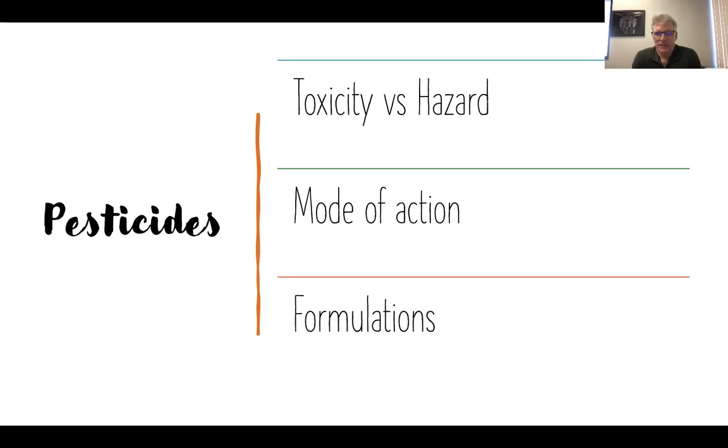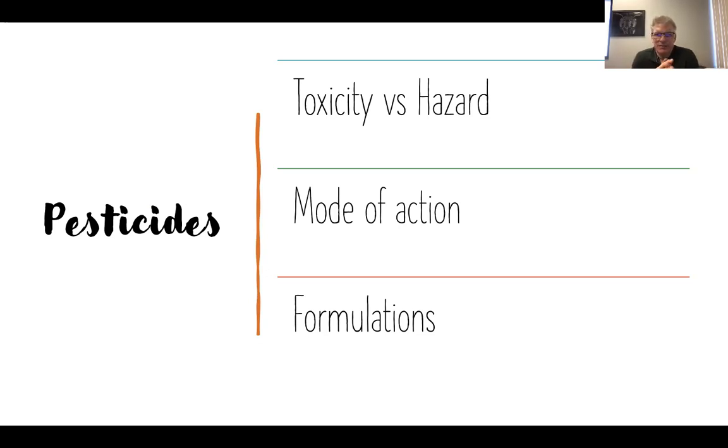And it could be something like botulinum toxin or some type of salmonella from foodborne illnesses. It could be something such as a fumigant. Whatever the material is, it's inherently toxic to whatever the organism is that might be exposed to it.